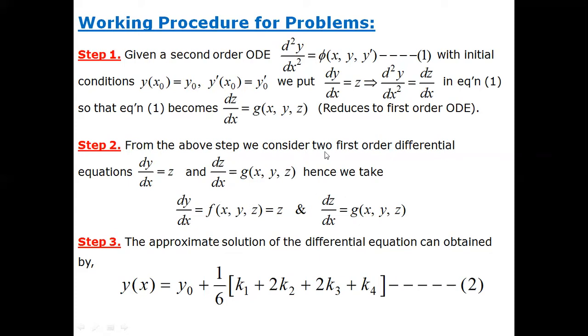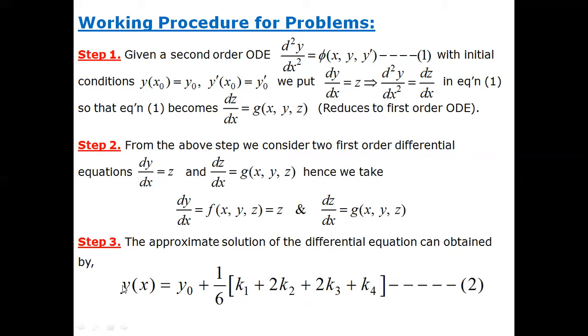After this, we can find the approximate solution of the given differential equation, which is second order here, using the formula y of x equals y naught plus 1 by 6 into k1 plus 2k2 plus 2k3 plus k4. I'll call it 2.